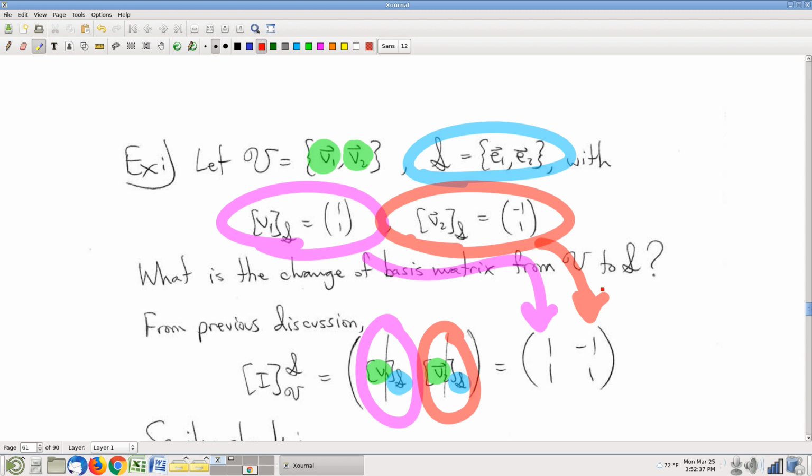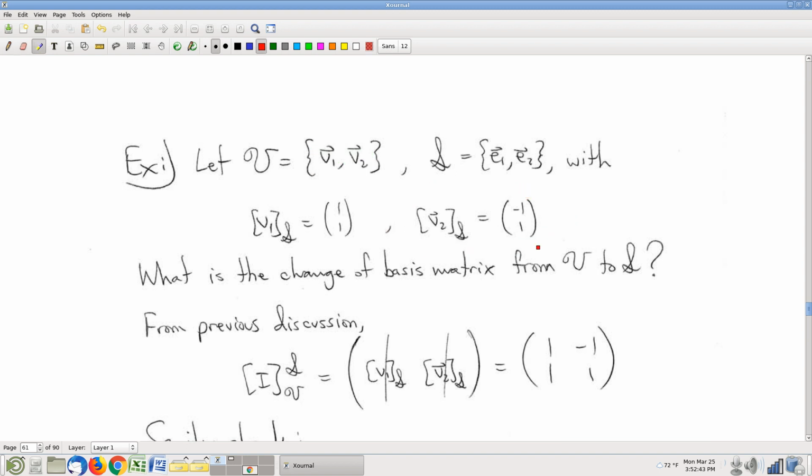So that becomes my second column. And so there's my change of basis matrix. I claim, and we're going to see this flesh out, that matrix translates from V language to S language. The mere process of multiplying by this matrix will take script V coordinates of a vector and return to you script S coordinates of the exact same vector.